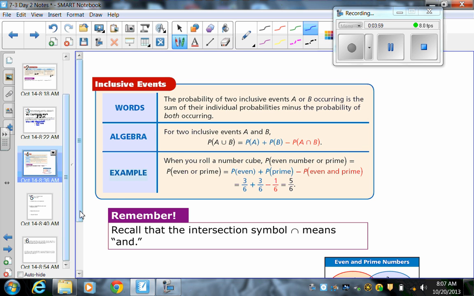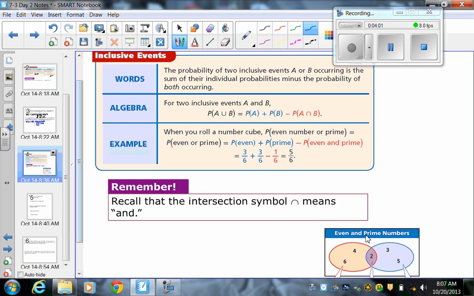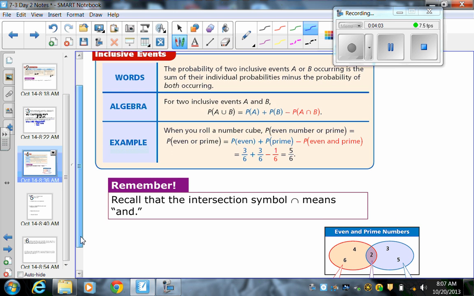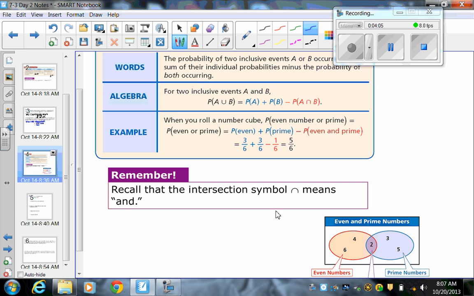So for example, if we're rolling a number cube and we have our Venn diagram down here at the bottom showing rolling an even number or a prime number. As you can see, there's 3 numbers inside the red circle, so the probability of an even is 3 out of 6. There's also 3 numbers inside the blue circle, so the probability of a prime is 3 out of 6.